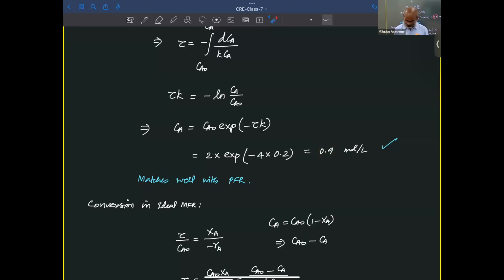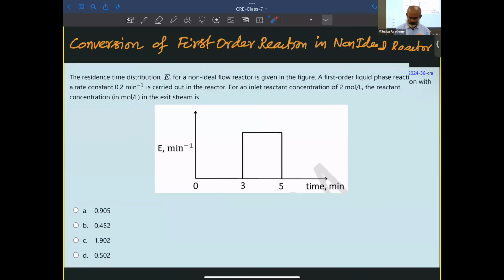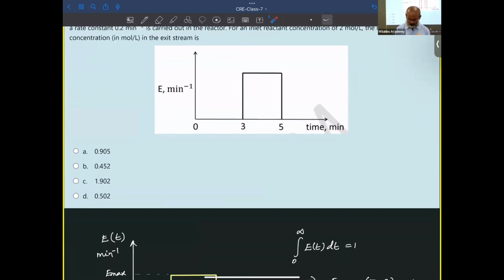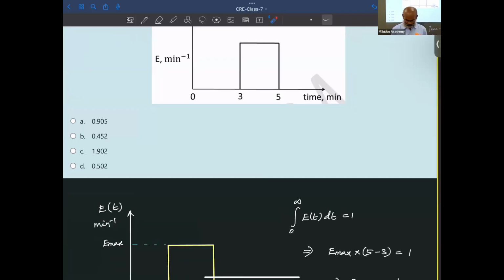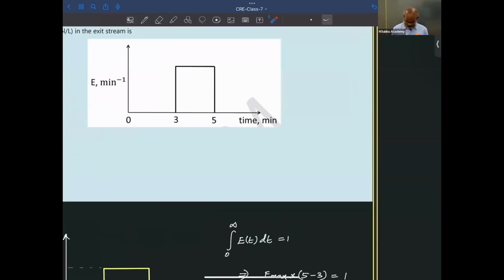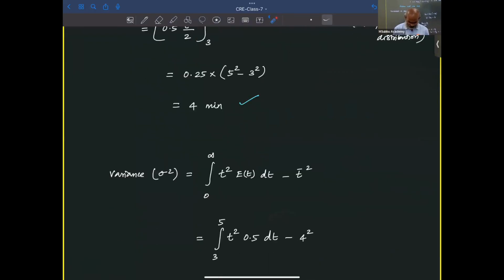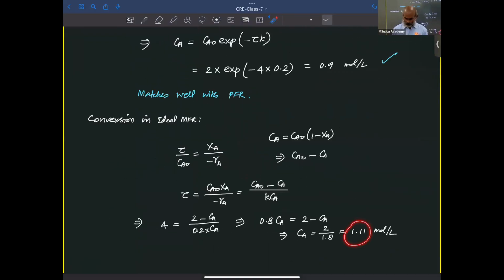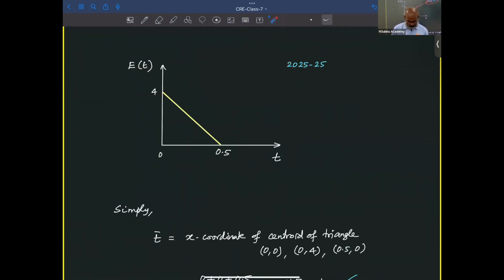The concentration is coming to 0.9, whereas previously it was 0.904. So in that way, you can simply get the conversion whenever you are given this kind of rectangular distribution, using a plug flow case. And suppose you try to find the conversion using the MFR formula, you will get a totally different answer.